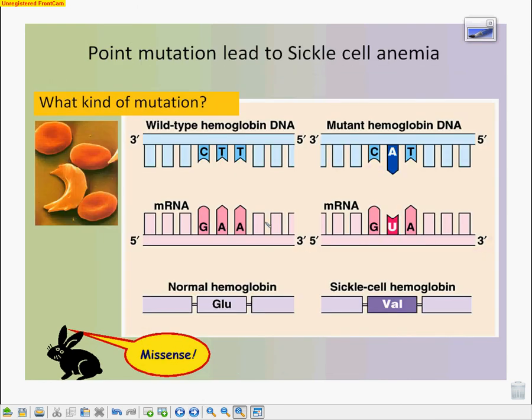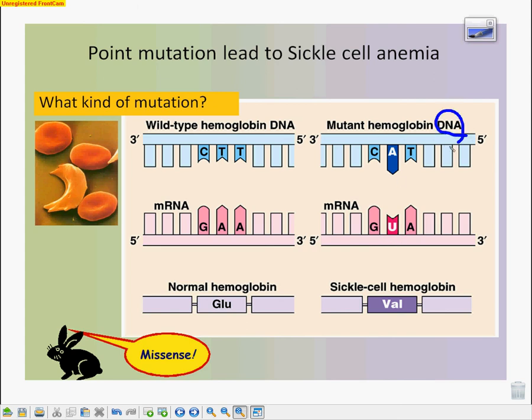Alright, so let me show you a little about a point mutation, and we'll go back to the reference I showed you at the beginning of class with sickle cell anemia. Here is our wild type hemoglobin, and here is our mutant type hemoglobin. We can see that mutations don't have to just happen on messenger RNA, they can also happen up here on DNA.